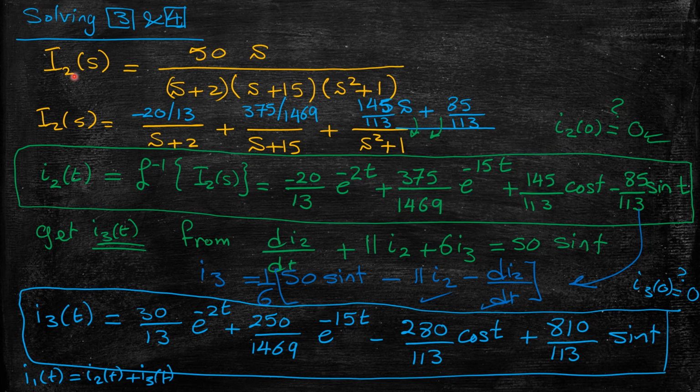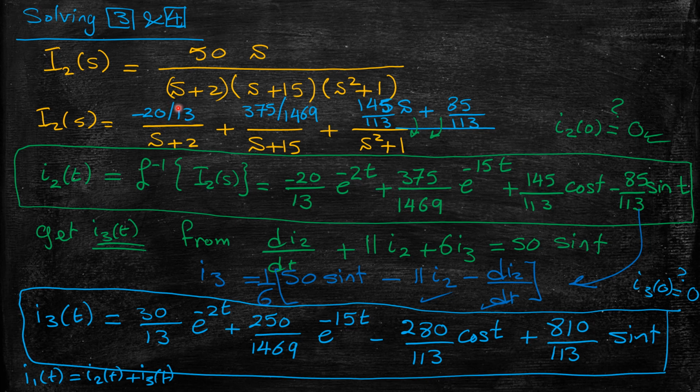So quickly, let me recap what we did. We have I2 of S. After solving equations 3 and 4, we end up with this partial fraction again. If we don't know these scalars, it's not a big problem.